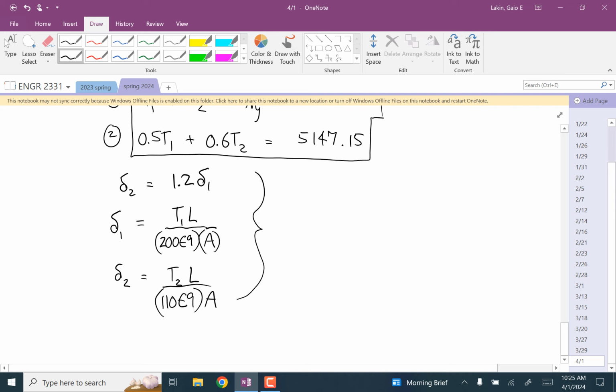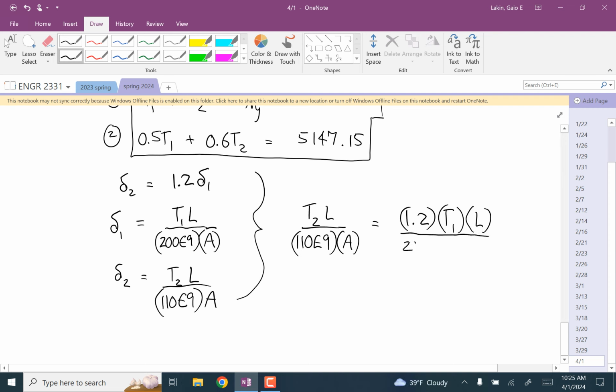And now we'll plug these into the geometric relationship. So we have T2 times L divided by 110 times 10 to the 9 times A, and that's equal to 1.2 times T1 times L divided by 200 times 10 to the 9 times A. Some stuff still cancels, but the Young's moduli don't cancel.